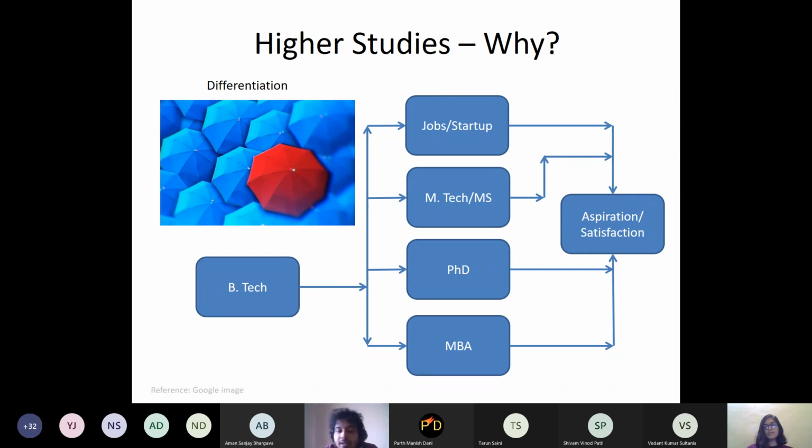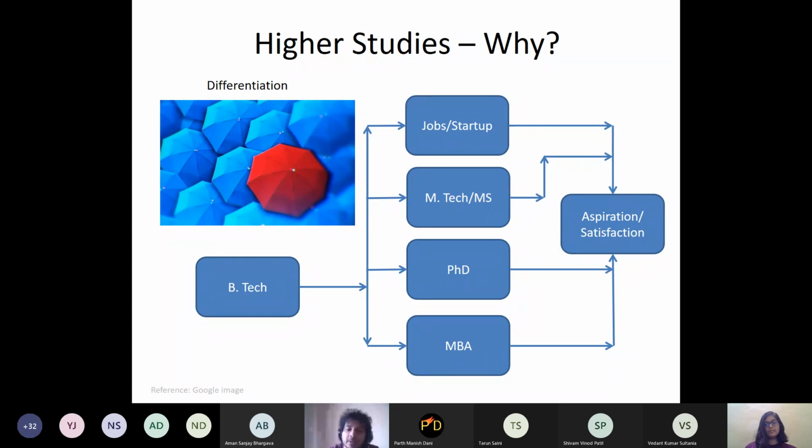But suppose I go for an M.Tech or MS, this gives me advanced knowledge on the subjects I'm learning right now, like heat transfer, mass transfer, fluid mechanics, process control, all these things. You have advanced knowledge, advanced study. Now the question is how this advanced knowledge is applied, or where I'm going to apply it.